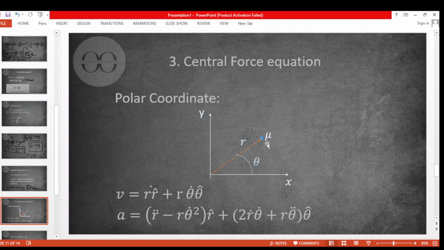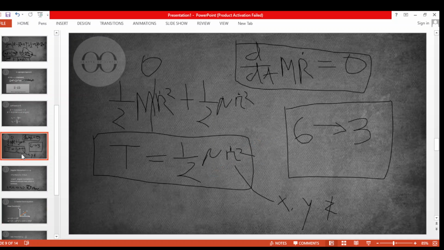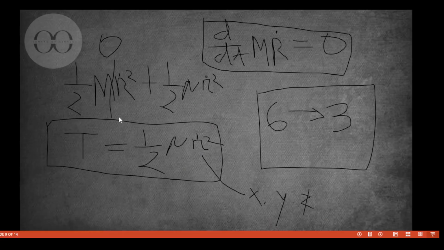So what is mu and what is r? As you can see in this part, our kinetic energy equation was half mu small r dot square. There is a single equation. That means we can treat it as the kinetic energy of a single particle.